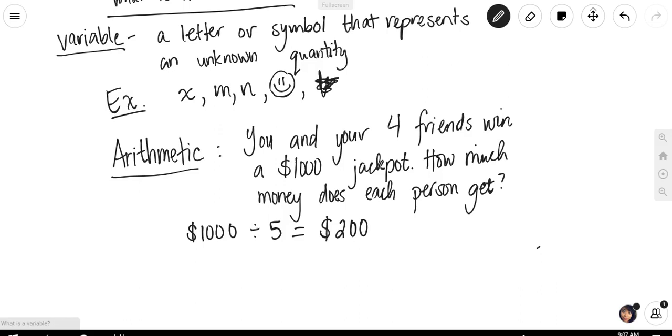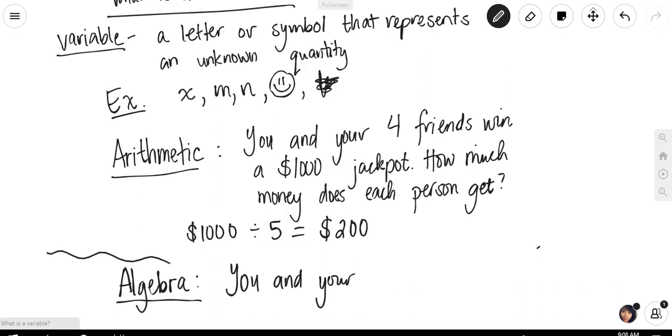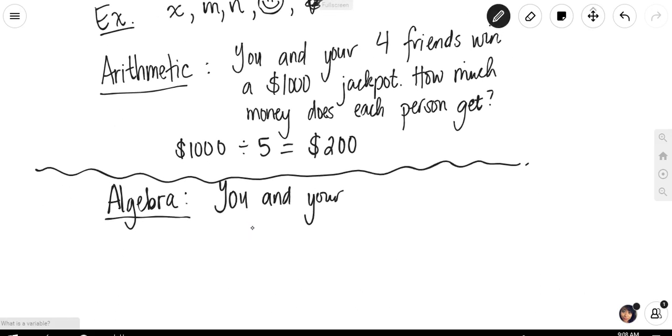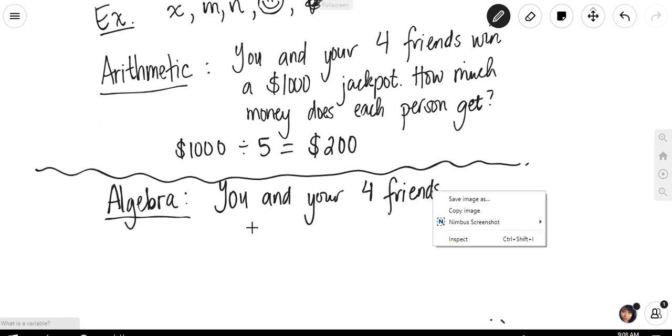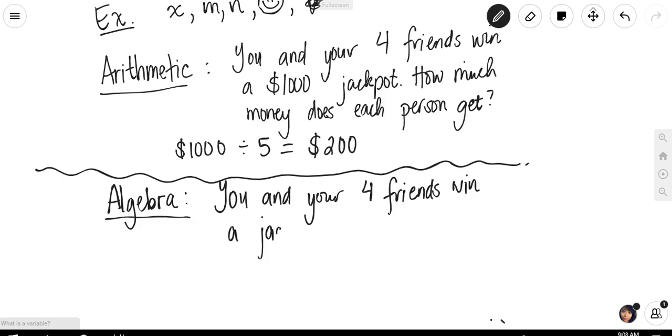Now in algebra, a problem you might encounter is that you and your friends win some jackpot, and you want to know how much money each person gets.